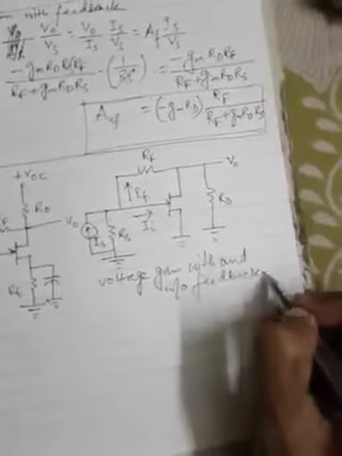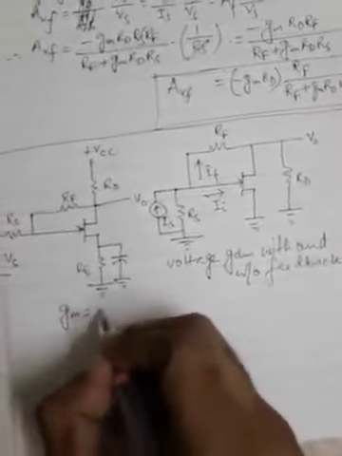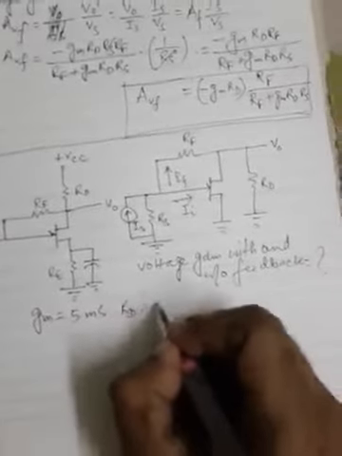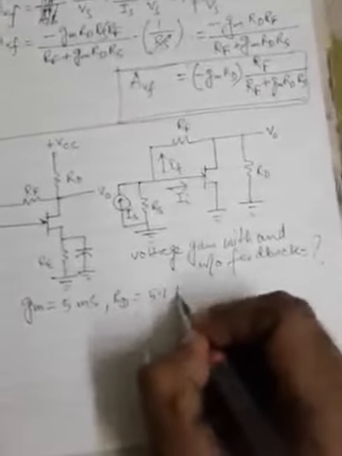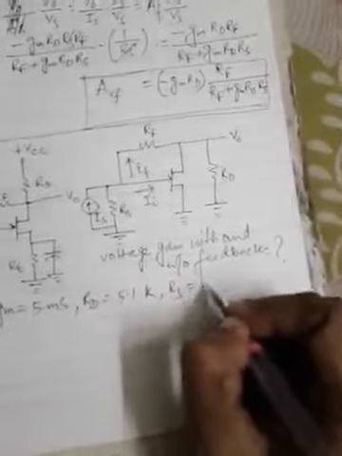The given values are: gm, the transconductance, is given as 5 millisiemens, RD is given as 5.1 kilo ohm, RS is given as 1 kilo ohm, and RF is given as 20 kilo ohm.